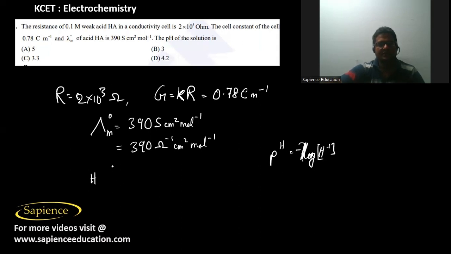And here the weak acid HA will dissociate in the form H plus plus A minus.